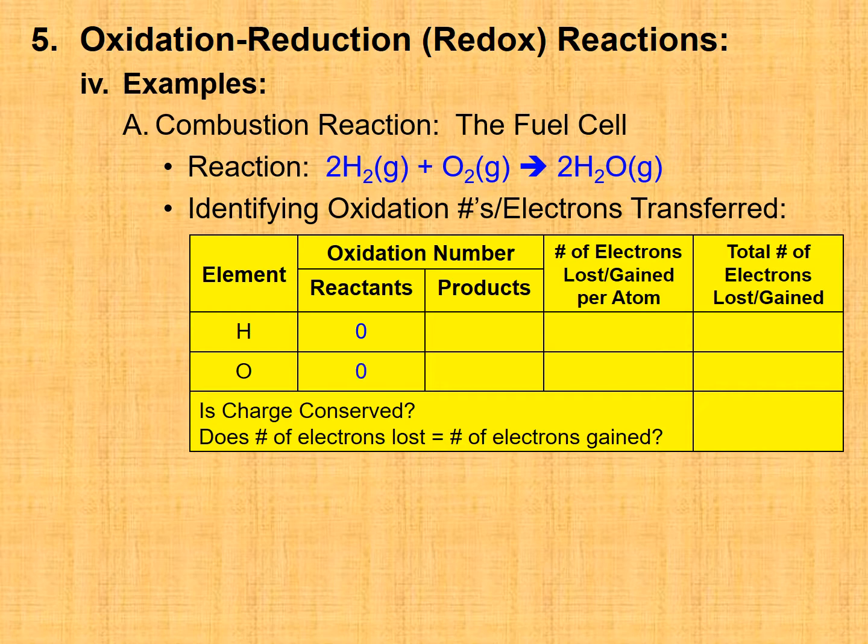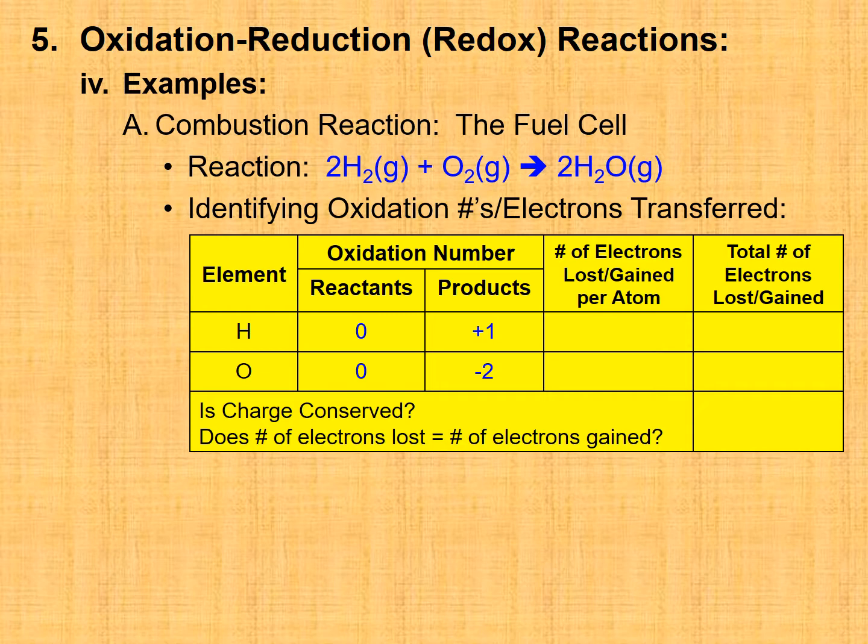That's the only way they can form an electrically neutral compound. But on the right-hand side of the equation, when we look at water, if the oxygen atom has an oxidation number of -2, then each hydrogen atom must have an oxidation number of +1 in order for the compound to be electrically neutral.